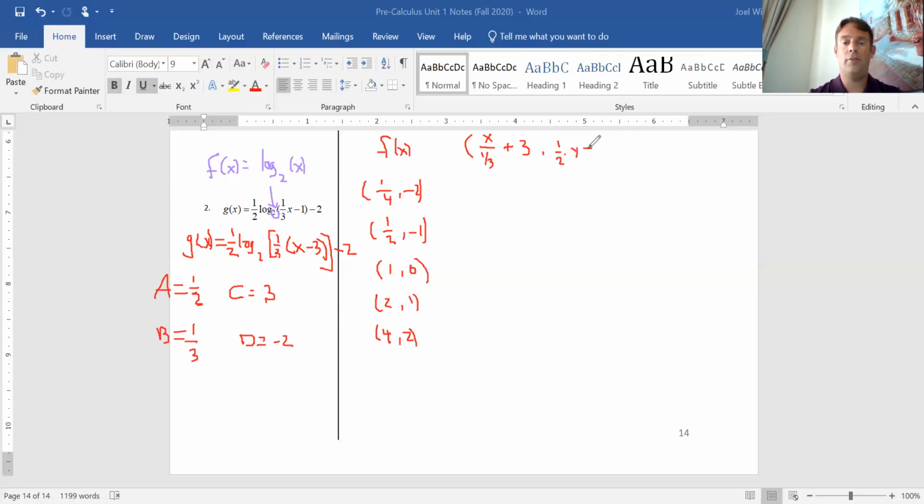And we're going to add that to our d value, which is -2. And we'll use that to get our g of x values. And again, friends, if we look at this here, we can already tell right at the very beginning where our asymptote is going to be. It's going to be that c value. So let me make my table here.